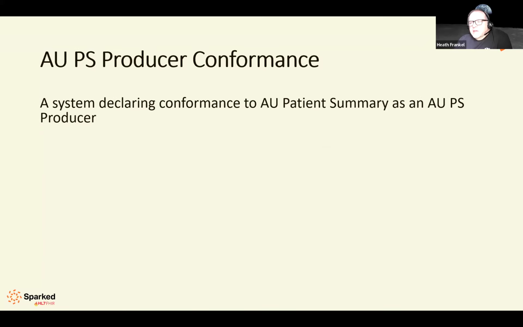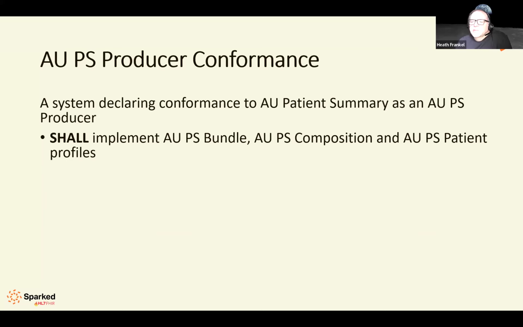Okay, so moving on, based on those two concepts of producer and consumer, I will then break down into conformance for a producer. A system declaring conformance to AU Patient Summary as an AU Patient Summary producer shall implement AUPS Bundle, AUPS Composition, and AUPS Patient profiles. These are the mandatory profiles that you shall implement to be conformant as a producer.